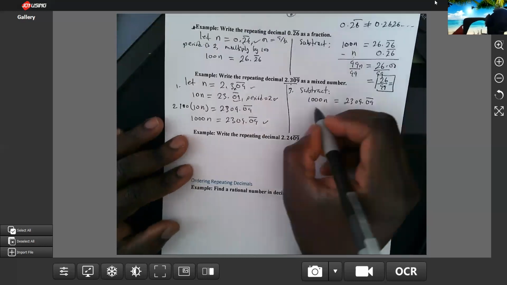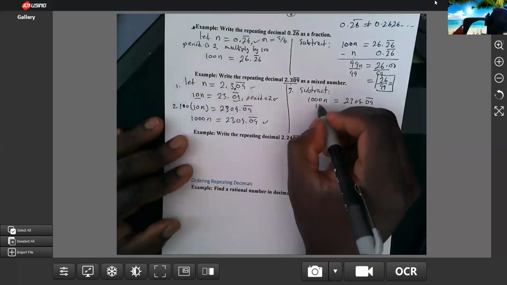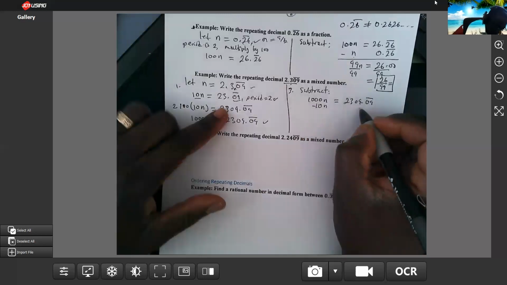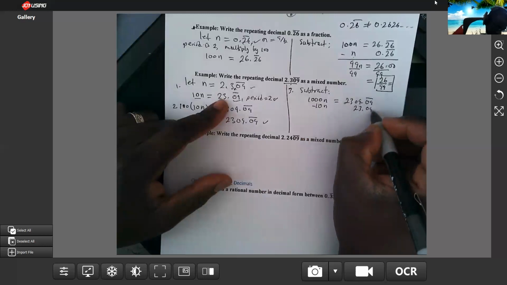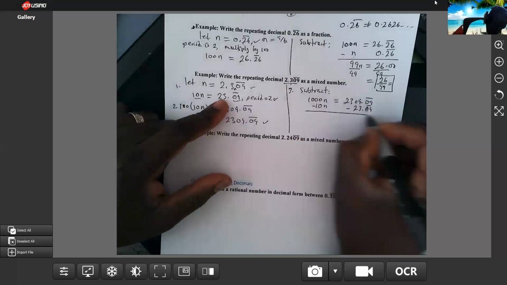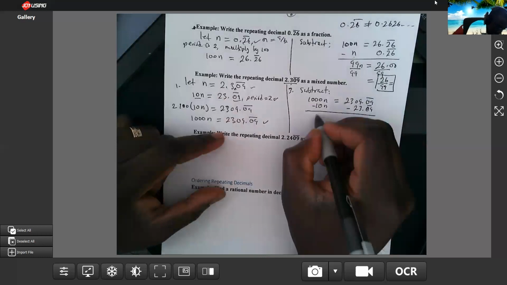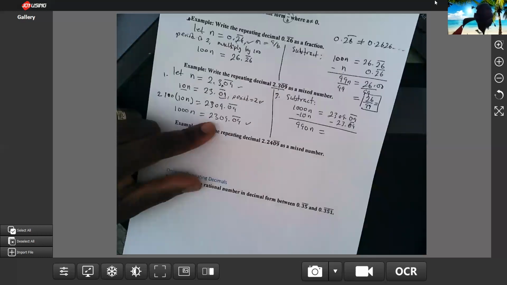And then we have 10n, and you're going to subtract 23.090909. Okay, so when we subtract, 1000 minus 10 is what? 990n.